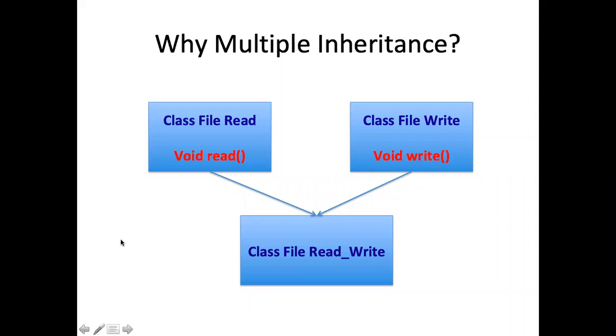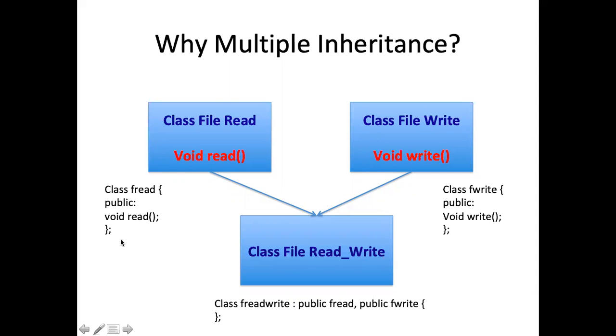Okay, so this would provide you an insight into why this multiple inheritance thing is important. So this is primarily the structure that you have got here. You have class read, class write, and then you have another class file read and write.